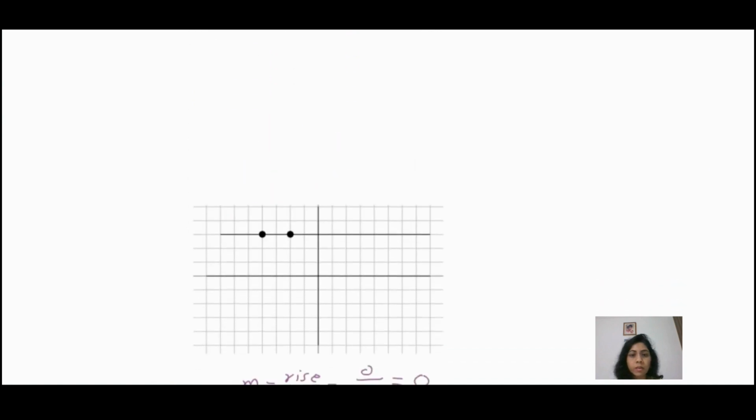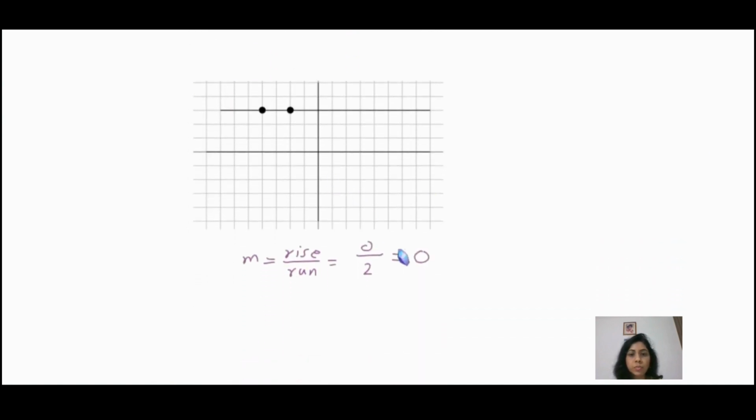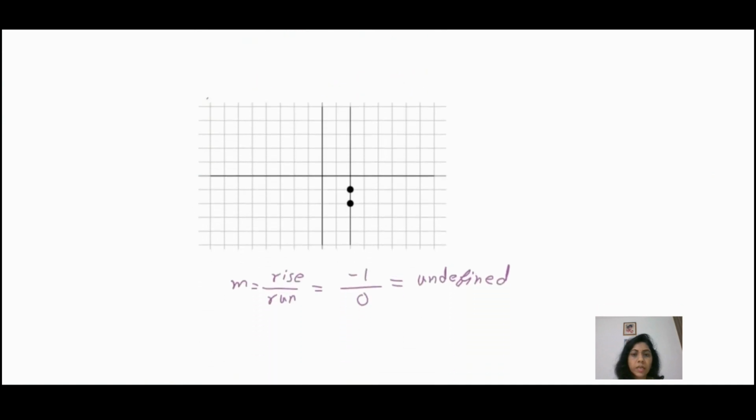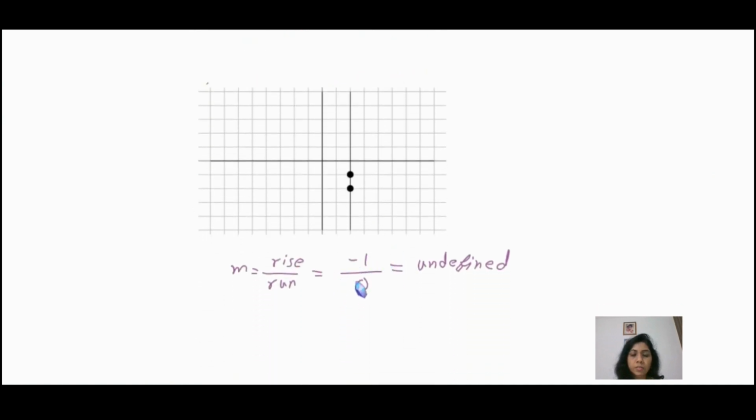A horizontal line has no slope or 0. And here slope is very very high, so we can write undefined. So these are four types of questions: when slope is positive, negative, 0, undefined.